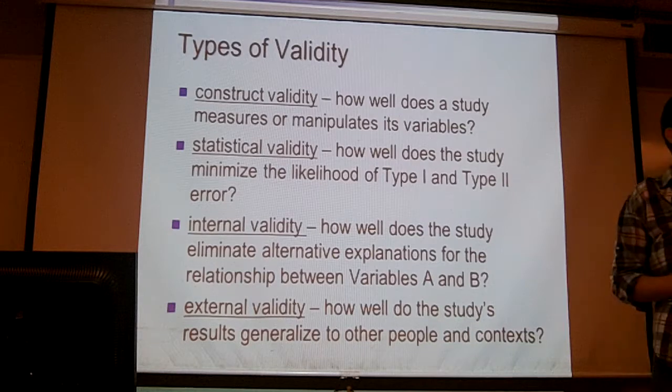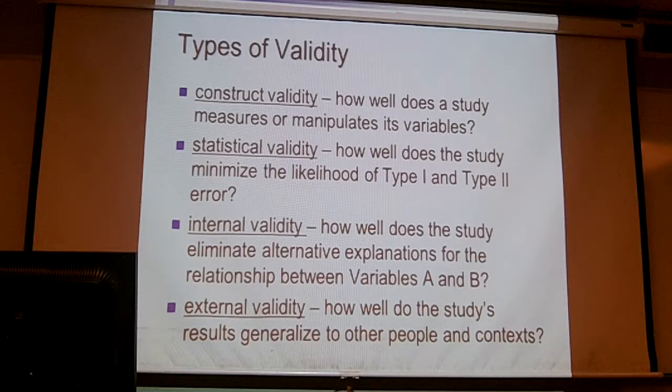Construct validity has to do with how well the variables in the study are set up. So if I have a good independent variable, it means that I've created a variable that results in good, meaningful comparison groups.